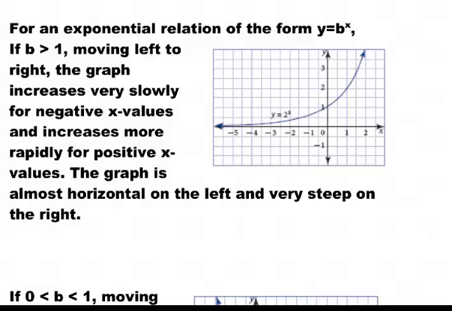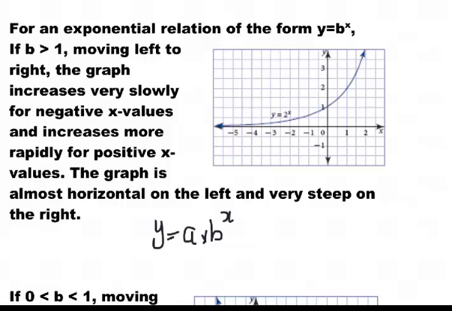Now, if you remember, we said at the beginning of the lesson that an exponential equation, we are defining it as y is equal to a times b exponent x. We said that the condition is that, first of all, b has to be a positive number, and b cannot be equal to 1.